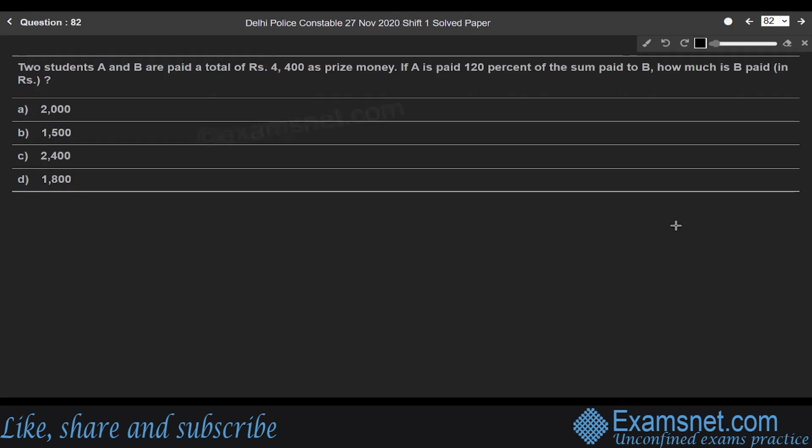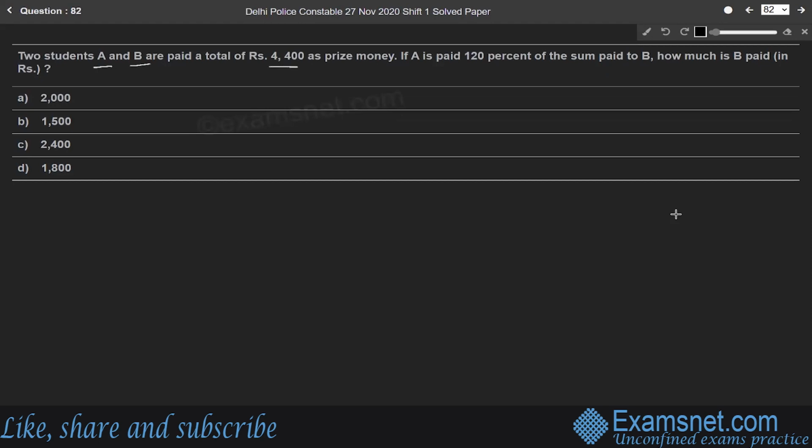Question 82. Two students A and B are paid a total of rupees 4,400 as prize money. If A is paid 120% of the sum paid to B, how much is B paid?